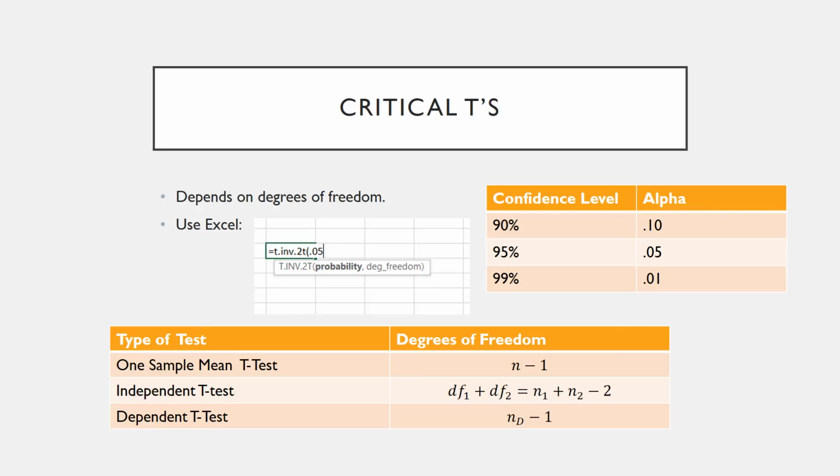Or you can do the sample size for the first sample plus the sample size for the second sample minus 2. Either way, it gives you the same thing. You just want to use the degrees of freedom total. And then for the dependent t-test, it's the number of pairs minus 1. So nD, the number of difference scores, is also the number of pairs. And then you just subtract 1.